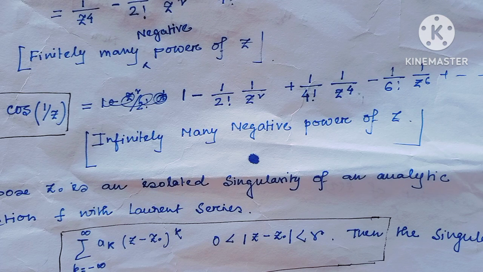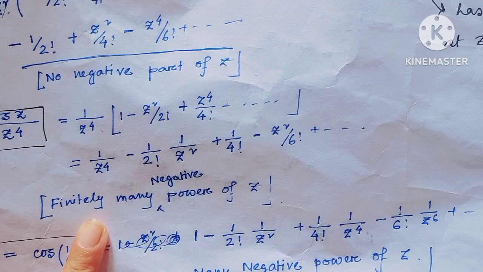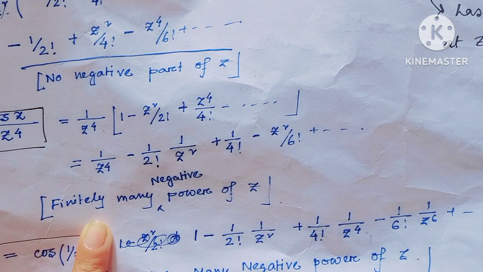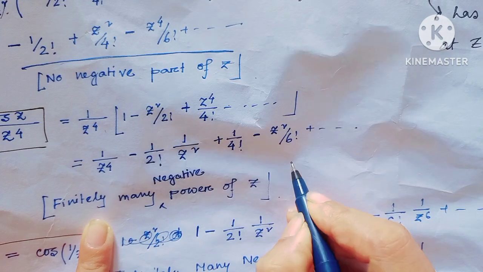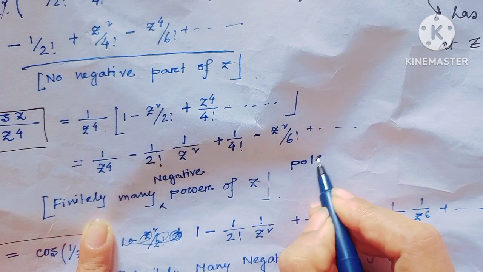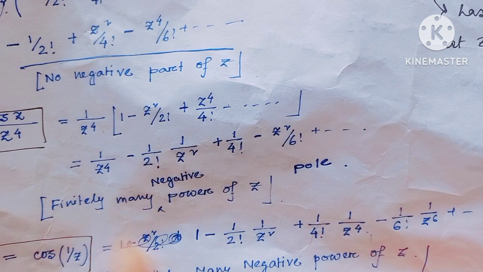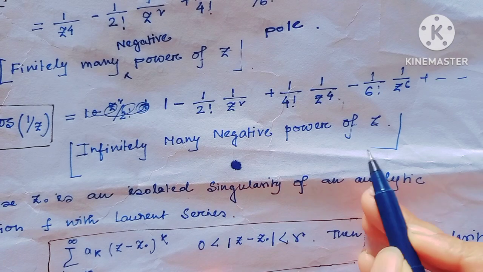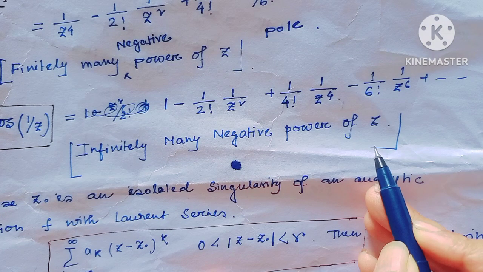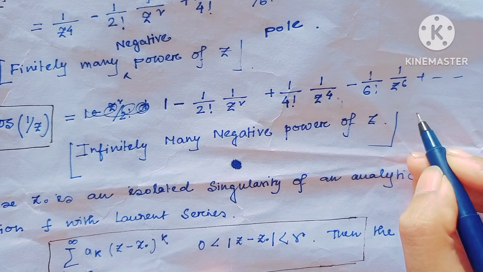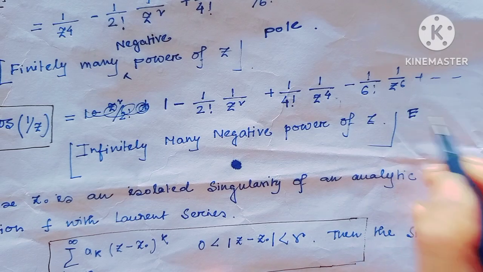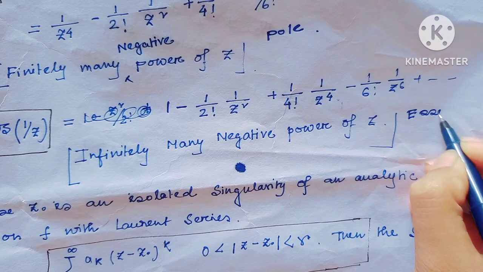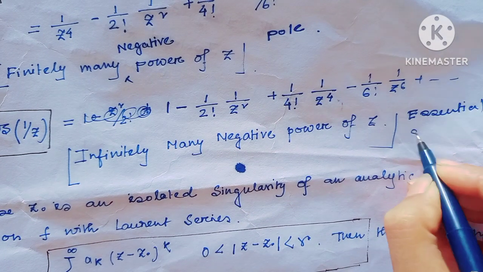Here infinitely many negative terms exist. Since infinitely many negative powers of z exist, this is an essential singularity.